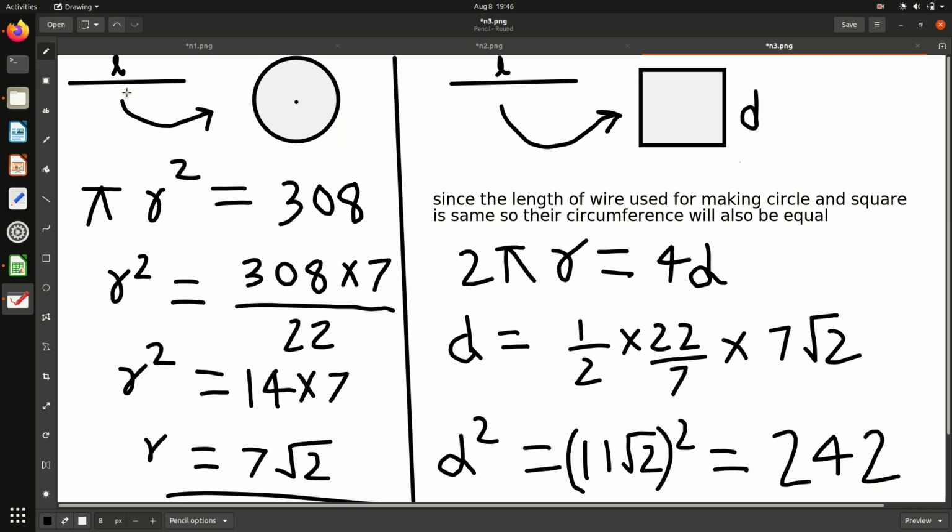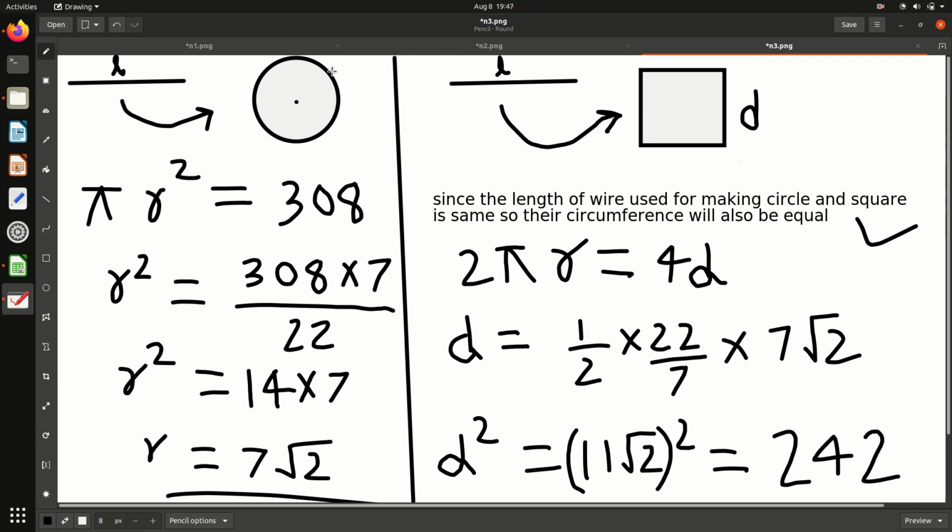Okay, so if the length is the same, can we not say that since the length of wire used for making the circle and the square is the same, their circumference will also be equal? Because this wire is used for developing the circle, and again the same length of wire is used for developing this square.